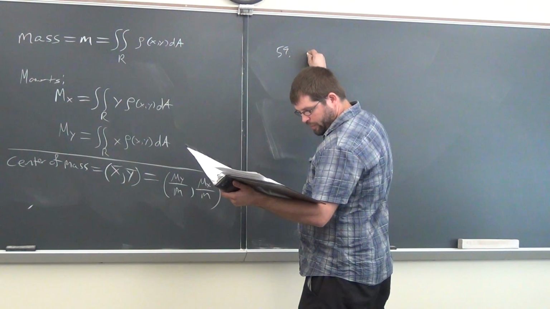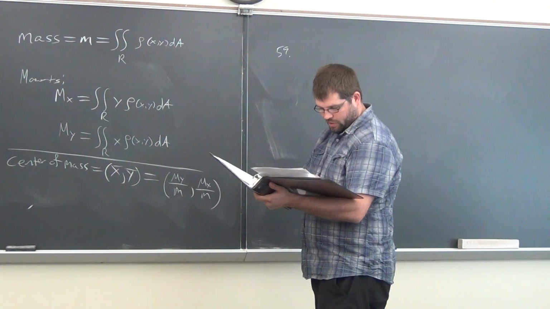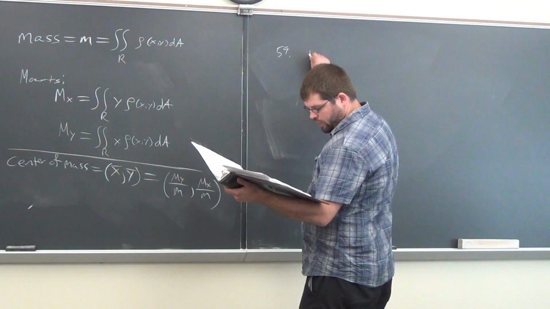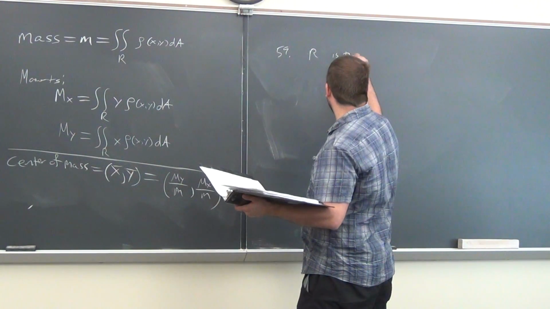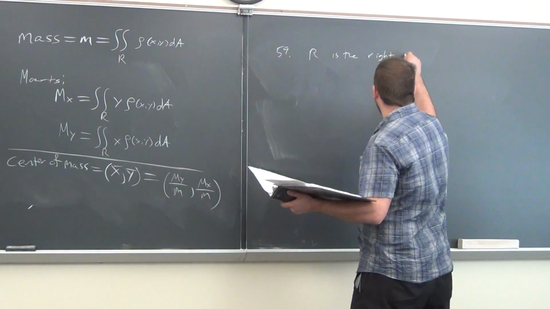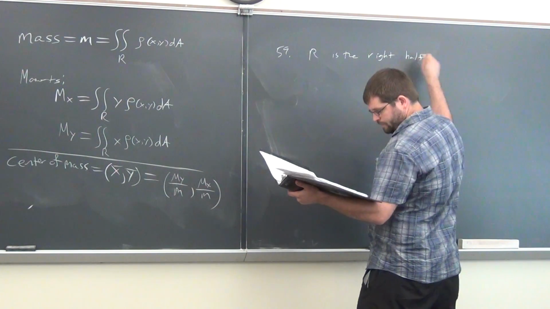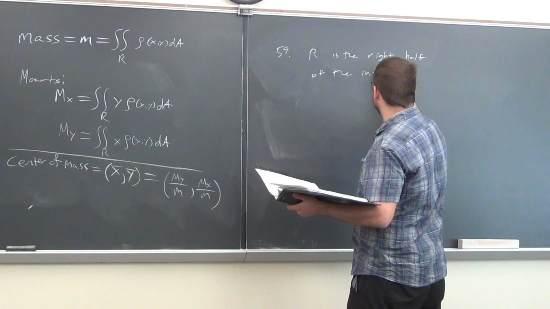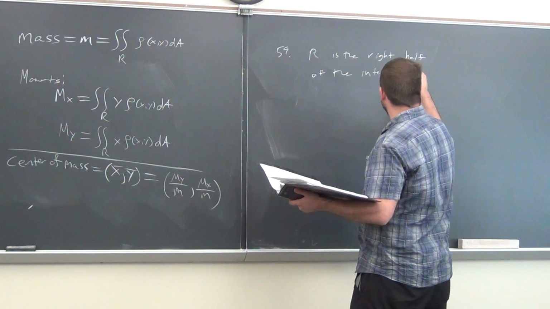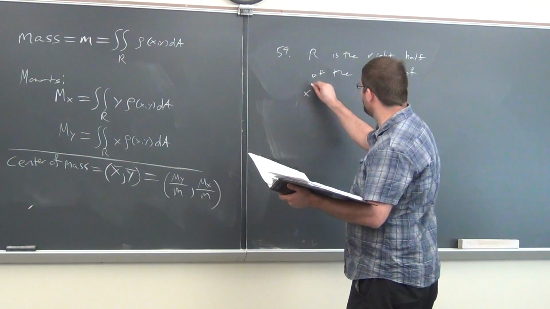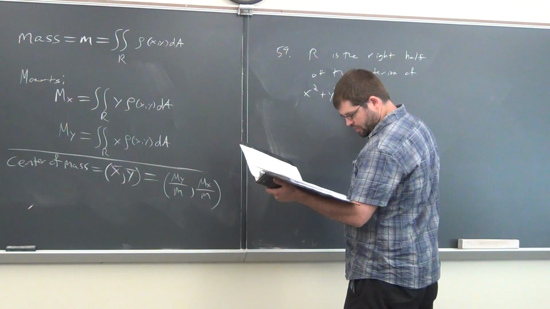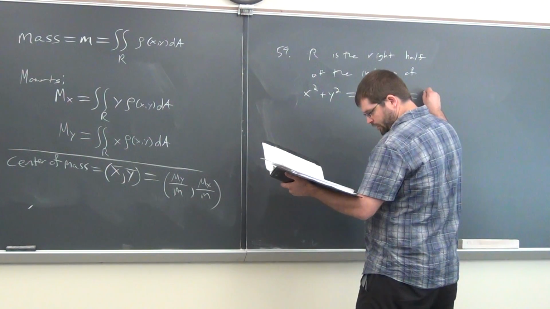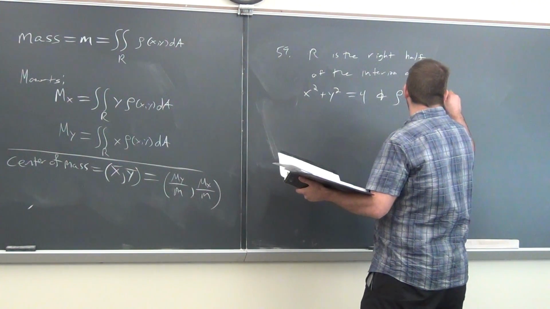So it says find the center of mass for a plate occupying the region R, and so R is the right half of the interior of x squared plus y squared equals 4, and your density function rho is just x.